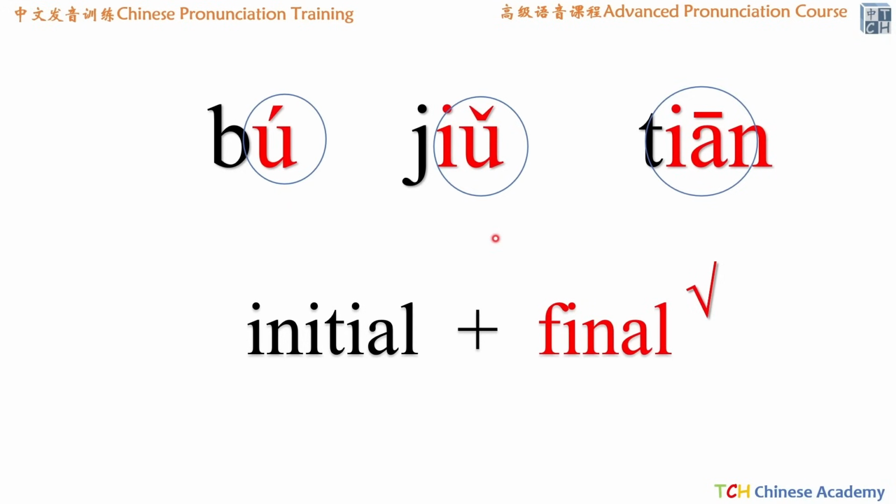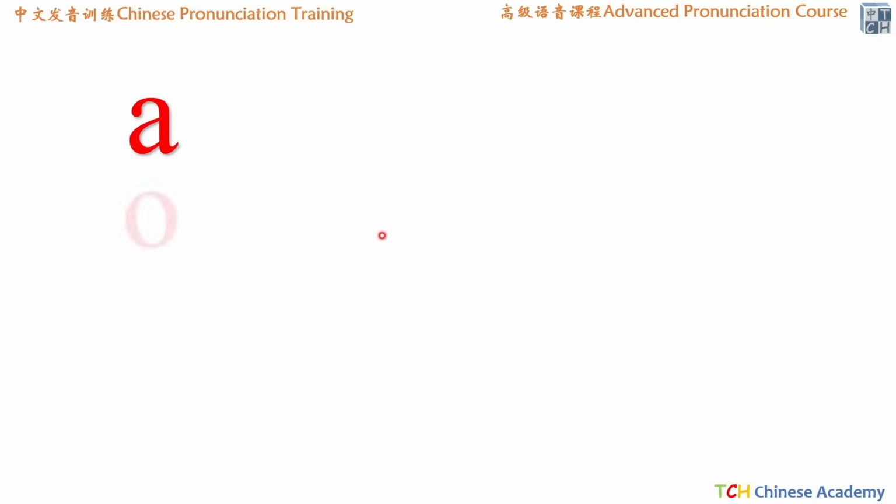Here is the tip. If you follow this tip, everything becomes so easy, and you will remember it forever. Look at these 3 simple finals: a, o, e. Also remember the order of these 3 finals.